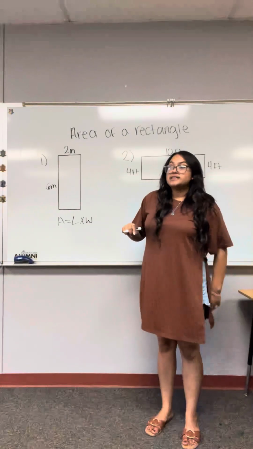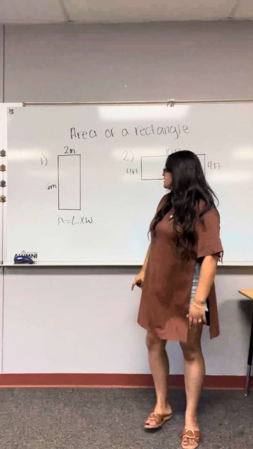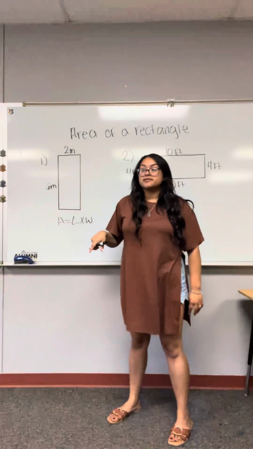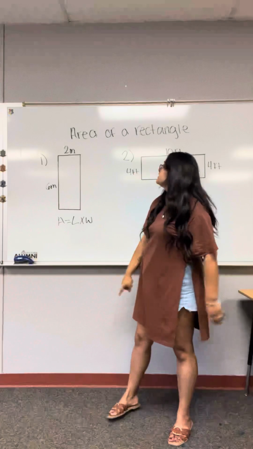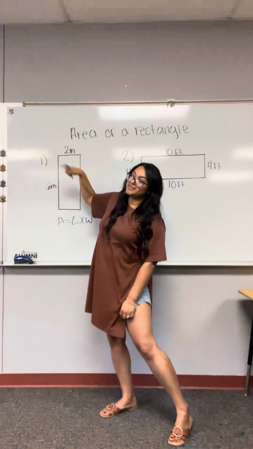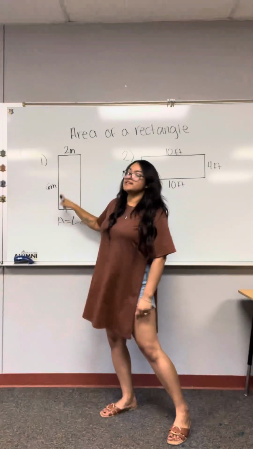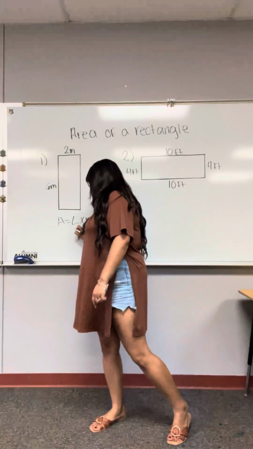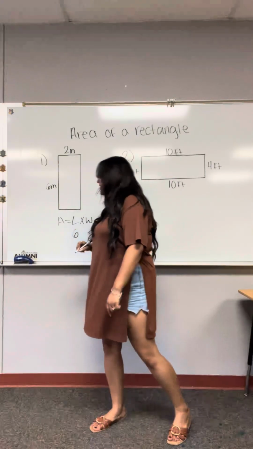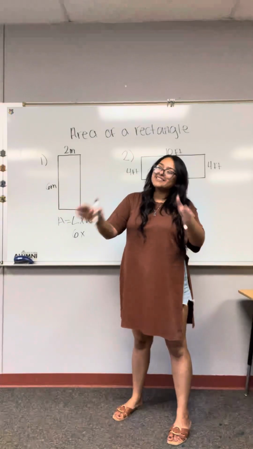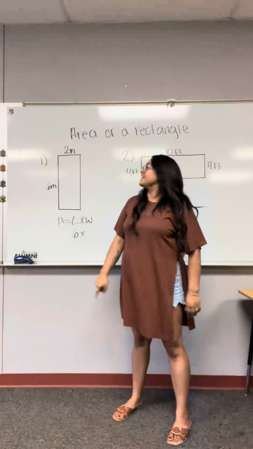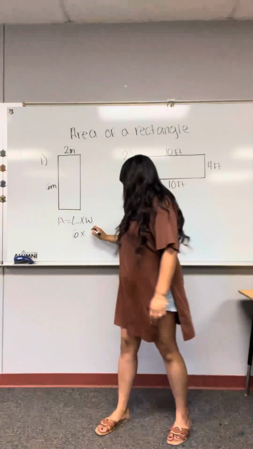Now I'm going to be plugging in some numbers. L represents my length, which is going to be the longer side of your rectangle. Since we can see that 6 is greater than 2, that means this is our length, so we're going to plug in 6. Then we're going to multiply it times our width, which is our smaller side, 2 meters.